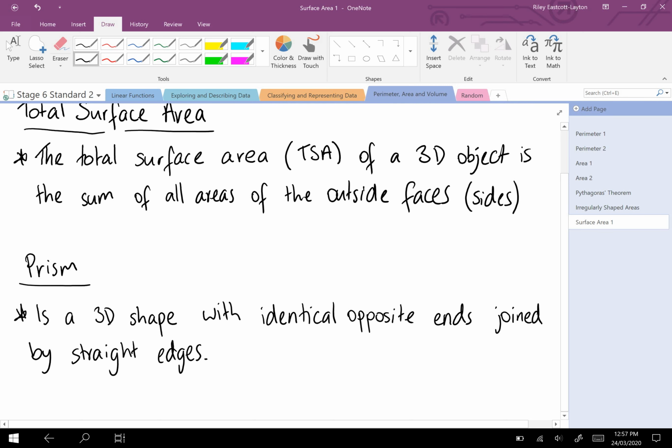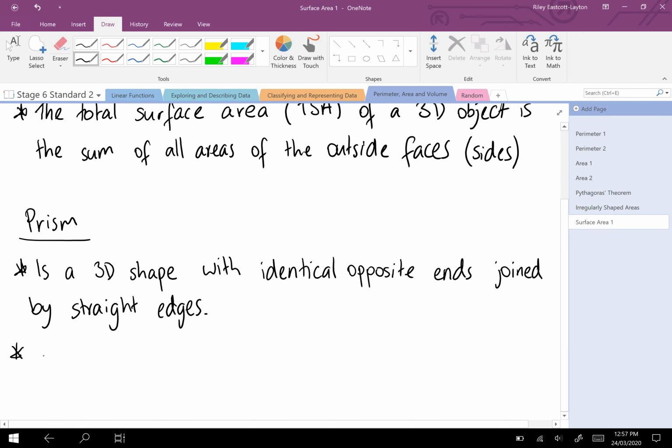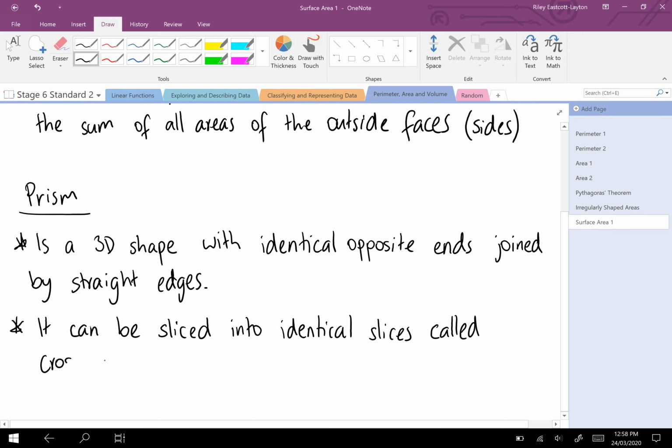We say that it can be sliced into identical slices, which we call the cross section, which we actually talked about in yesterday's lesson with the pond. We were trying to work out the cross sectional area of the pond.